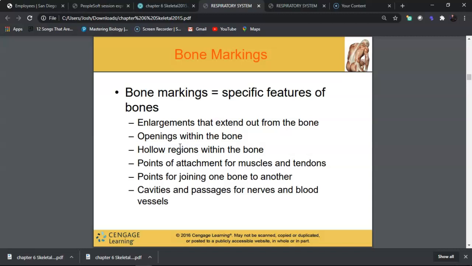So we have enlargements that can extend out from the bone. We have openings within bones. We have hollow regions within a bone. We have points of attachment for muscles and tendons and ligaments. And we also have cavities and passages for nerves and blood vessels. So the bones are equipped to allow all of these features so that we can maintain a complex body structure.